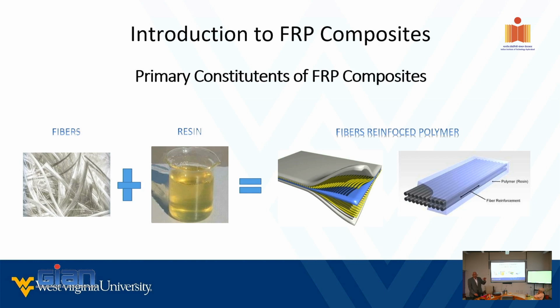That's a common thing. We can push it up to 70%. But the remaining 40% is not all resin. Maybe 35% of it is resin. The remaining 3, 4, 5% is all these items that I talked about: the promoters, the pigments, the colors, and the fillers. In total, that's what it comes down to.